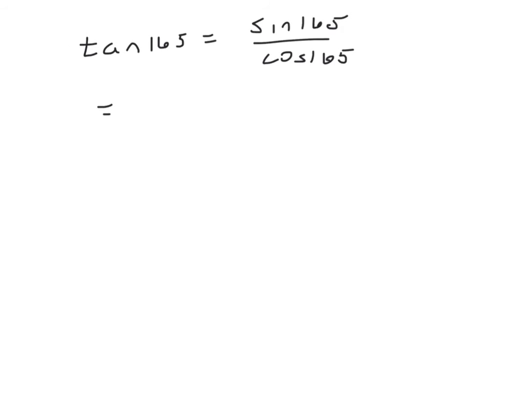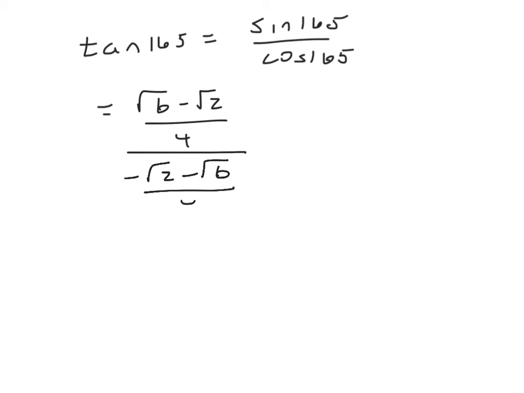Since I already know those, let's use the quotient identity. So going back, sine was radical 6 minus radical 2 over 4 over, and the cosine, I believe, was negative radical 2 minus radical 6 over 4. I think that's right. Hopefully that's right. I'm trying to do that off of memory there.